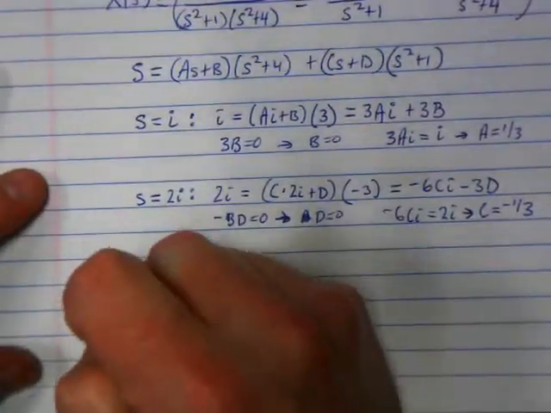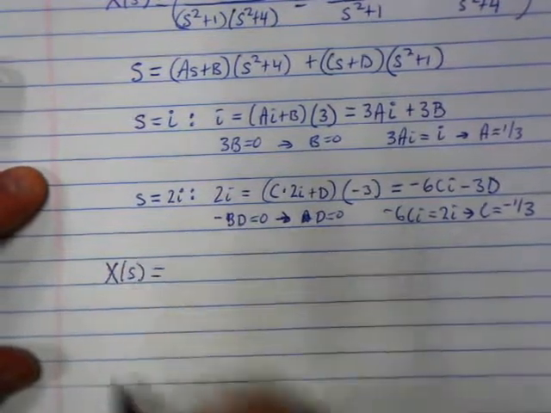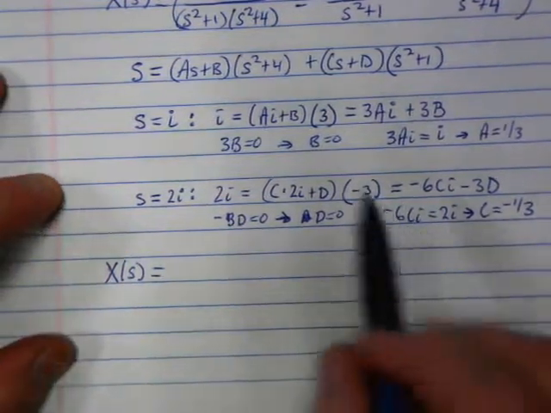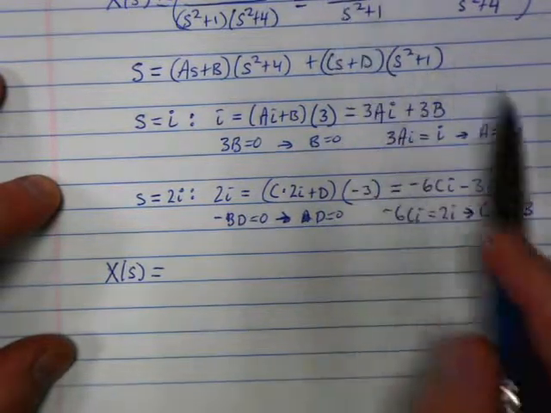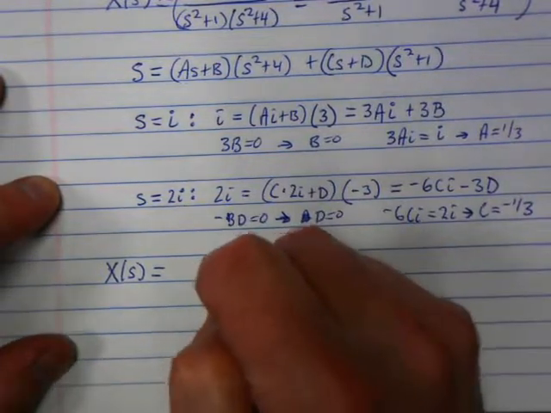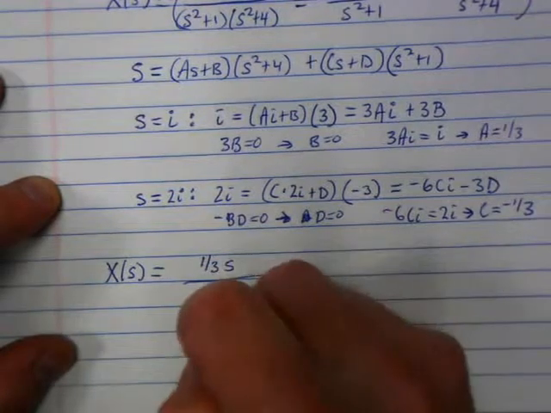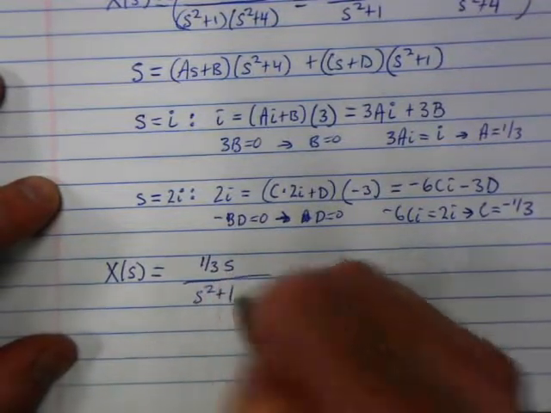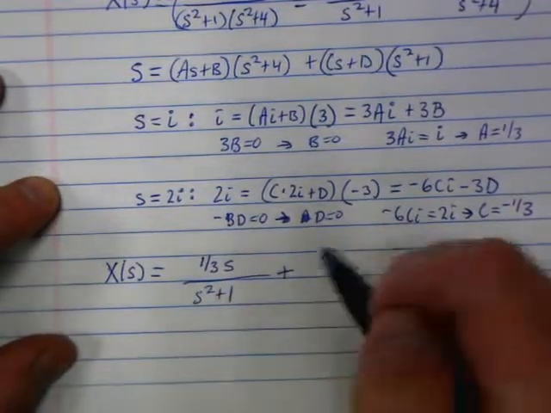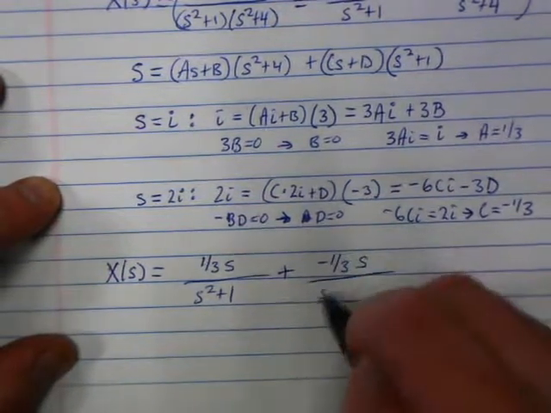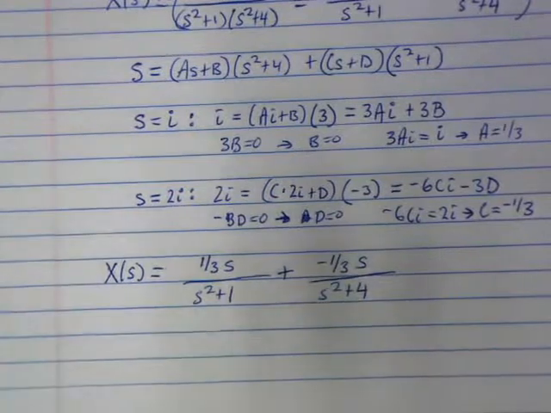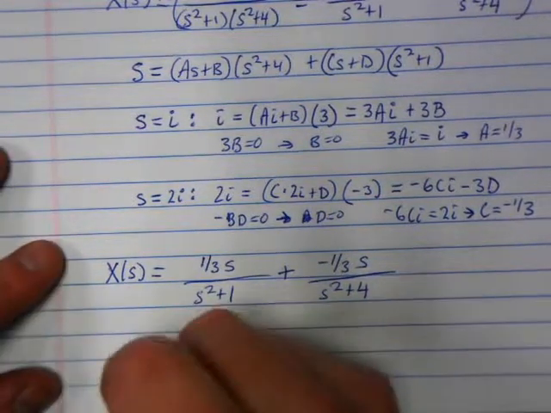Now we have capital X of s is, let's see, we ended up with A being 1/3, so that's 1/3 s over s squared plus 1, plus C was negative 1/3 s over s squared plus 4. Final answer.